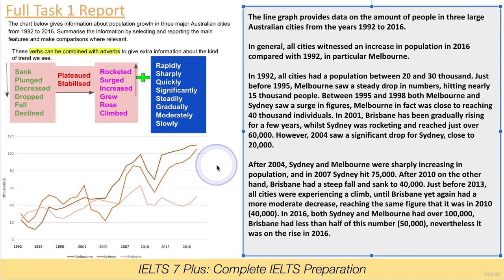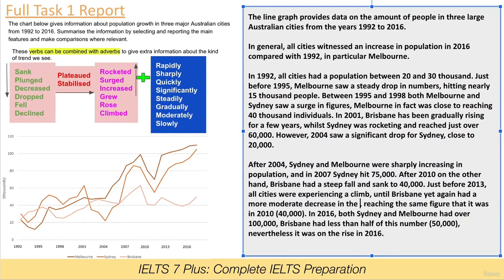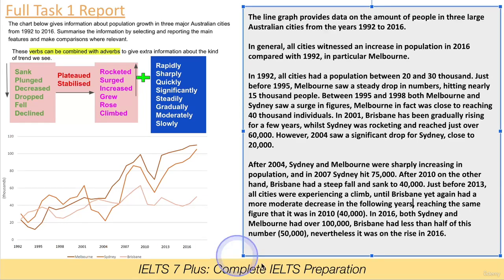Just before 2013, all cities were experiencing a climb until Brisbane yet again had a more moderate decrease, reaching the same figure that it was in 2010, 40,000 around here. We can be more specific. Okay, in 2016, both Sydney and Melbourne had over 100,000. Yep, that's true. We don't always have to be specific. Brisbane had less than half of this number. Nevertheless, it was on the rise in 2016.